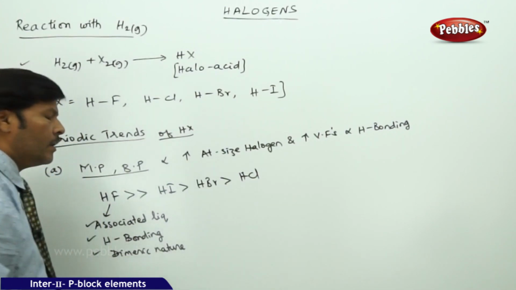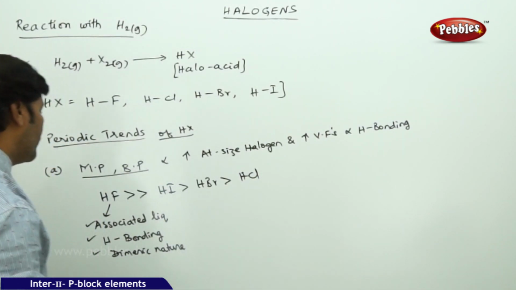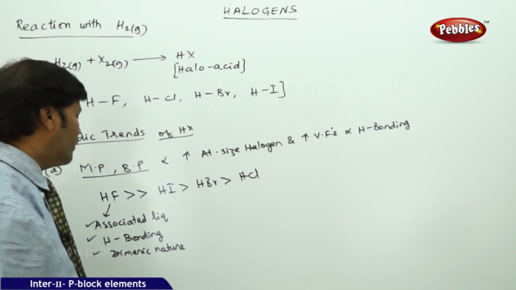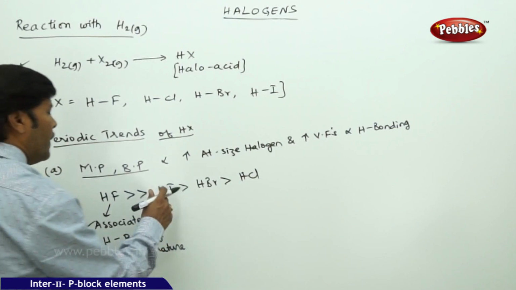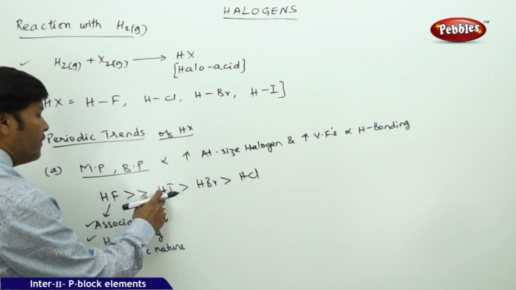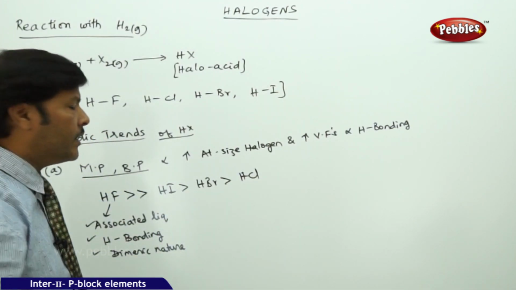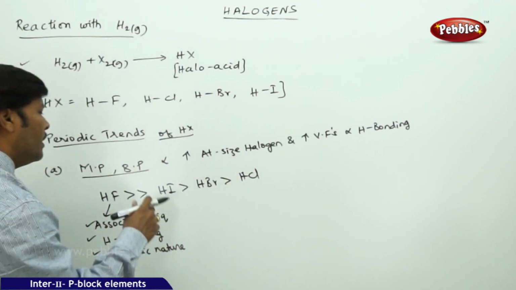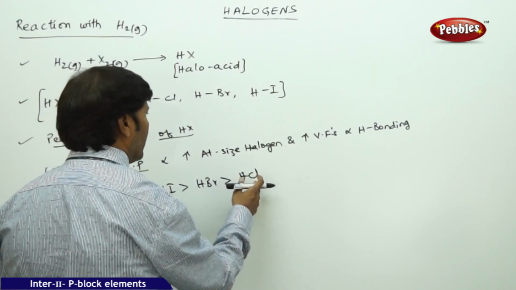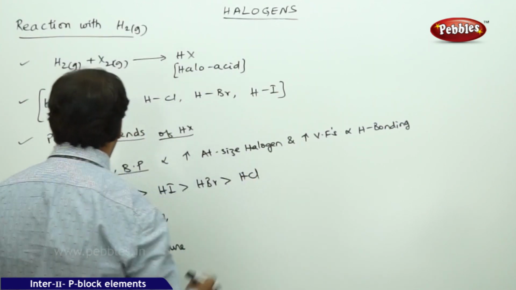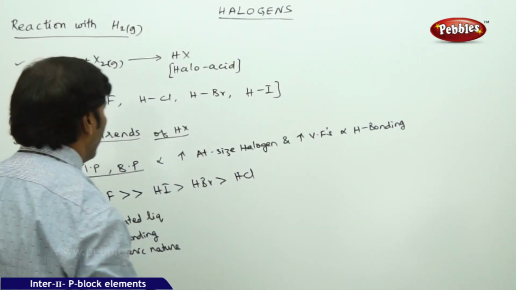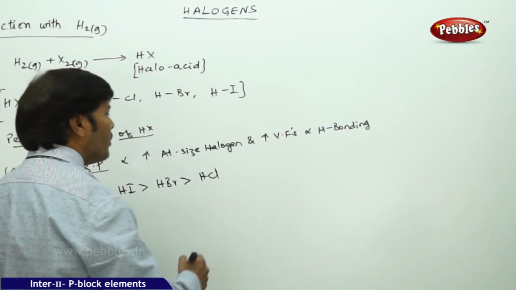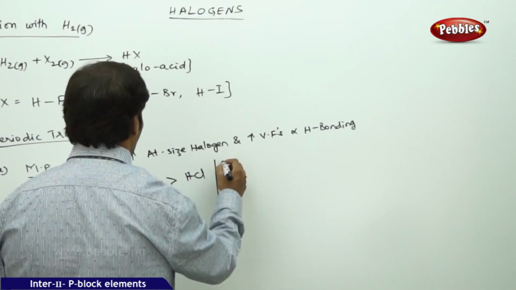Only HF has the tendency to form the dimeric nature, and that is why hydrogen fluoride has the highest boiling point and melting point. After HF comes HI, because the atomic weight of iodine is very high. In the rest of the halogens, there is a decrease in van der Waals forces. So this is one trend we have to keep in mind. The next comes the B bit.